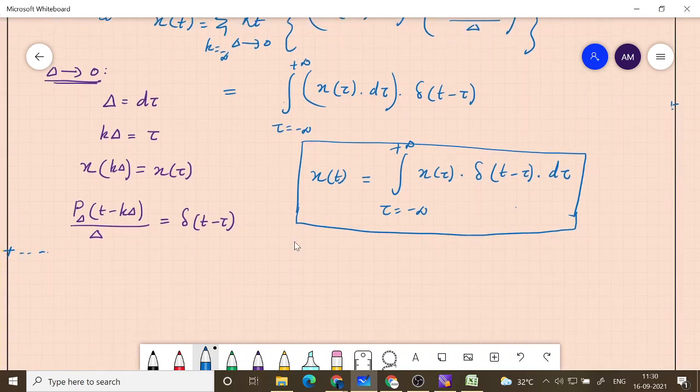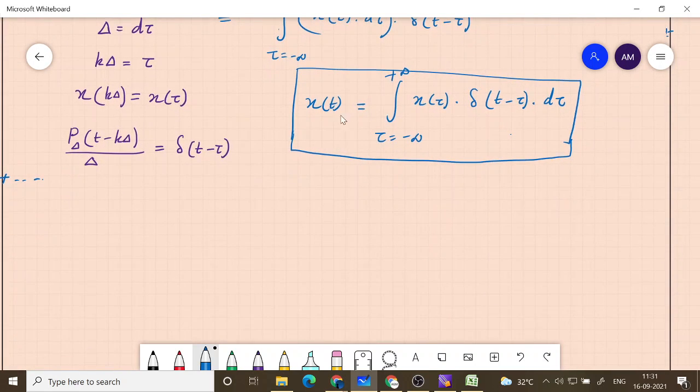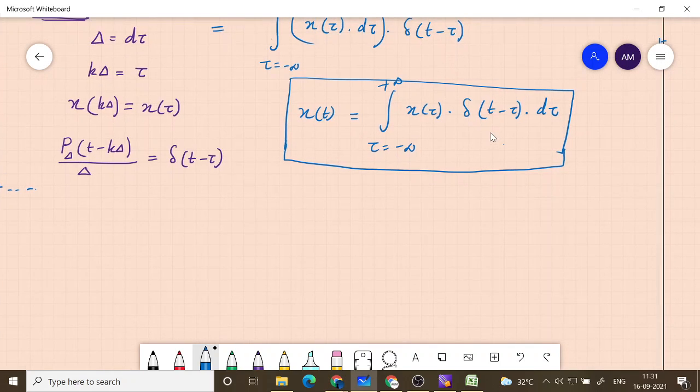If you look at what this means, t is the variable on which the function is defined, and on the right hand side the t is with respect to the impulse function. So x of tau is basically a coefficient, whereas the function is here.